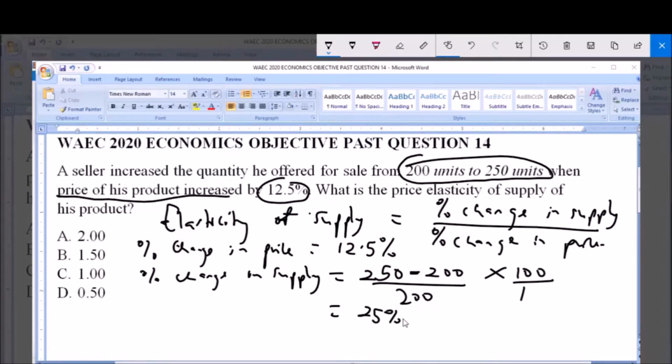So elasticity of supply is equal to percentage change in supply, which is 25%, divided by percentage change in price, which is 12.5%, and that will give 2.00 as our answer. 2.00 is option A. So option A is the correct answer to this question.